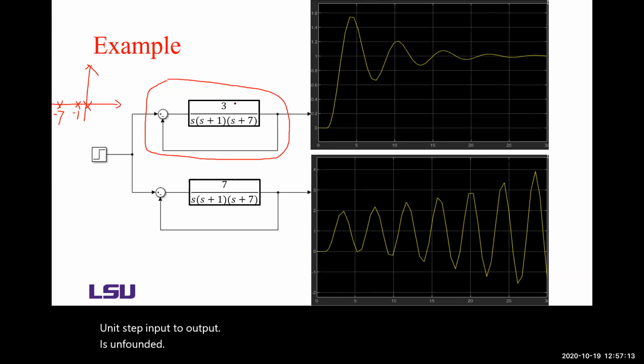The only difference is the gain. As I mentioned in chapter 1, feedback can make an unstable system stable, but if the feedback gain is too large, it can make the system unstable. That is the case.